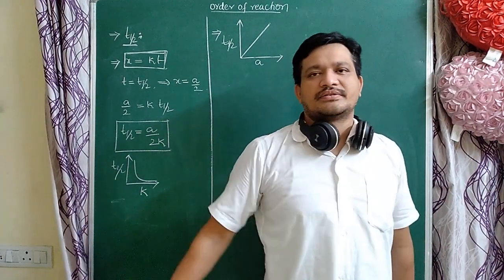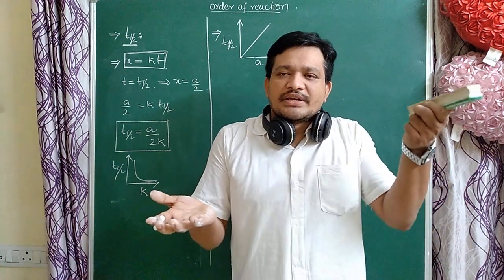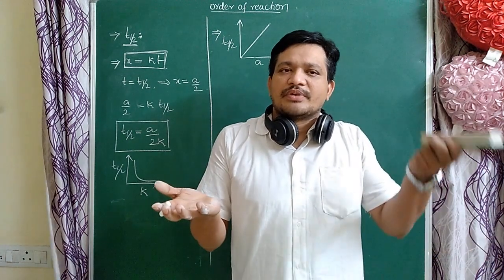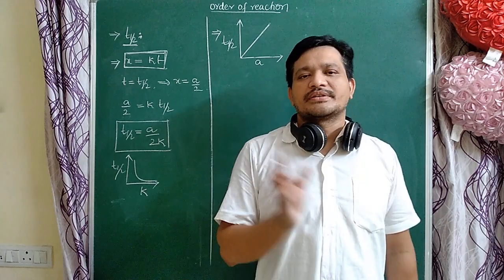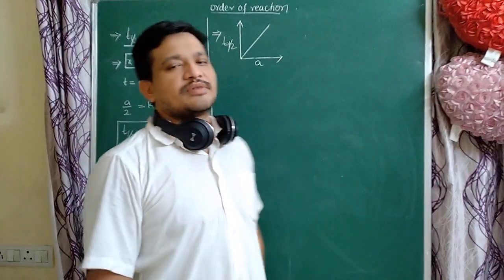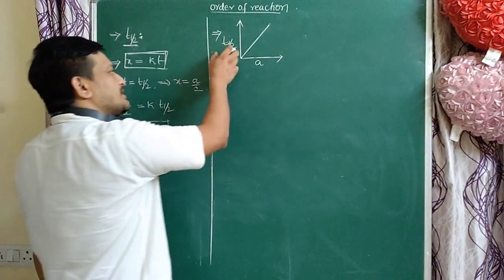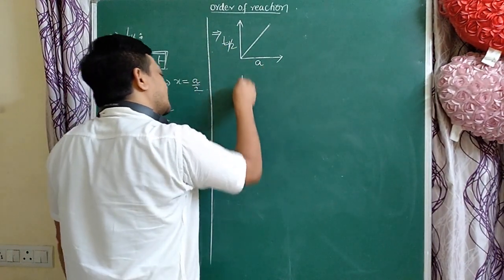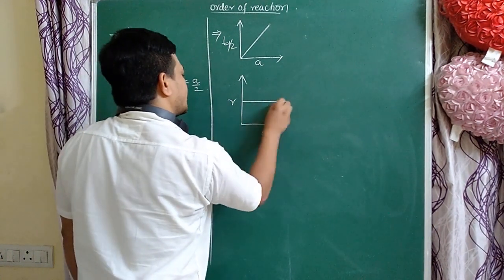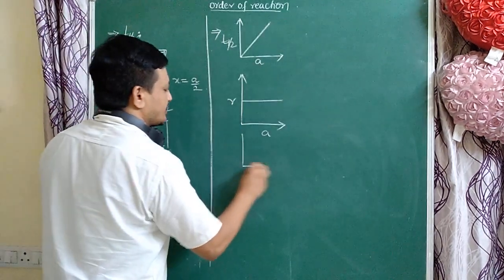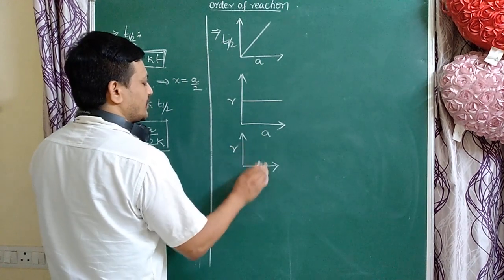Zero order reaction. That is very important. Half-life is directly proportional to initial concentration. Rate does not depend on initial concentration. That is the zero order reaction. Rate does not depend on time. Those are zero order reactions.